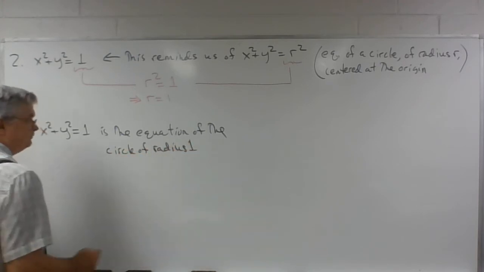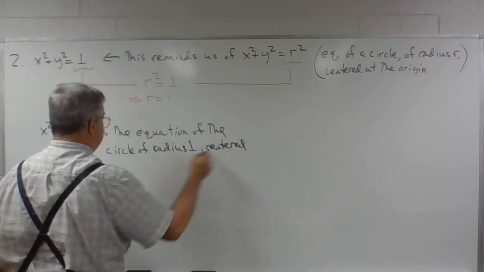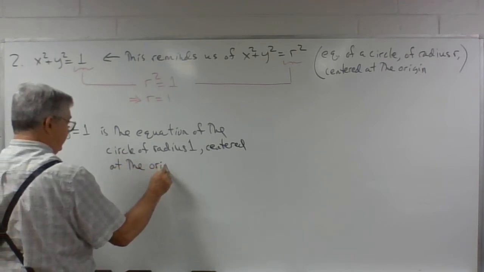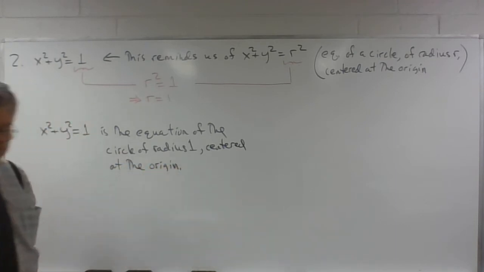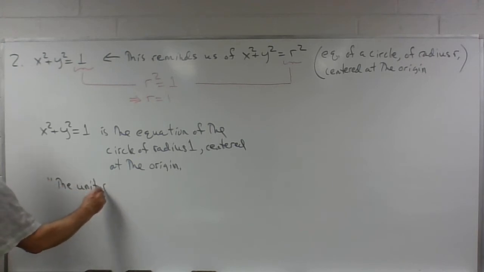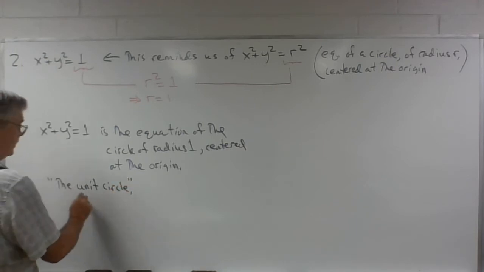Radius 1, centered at the origin. And sometimes we call this the unit circle.